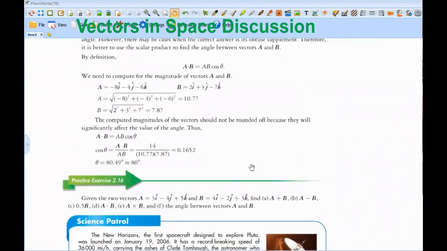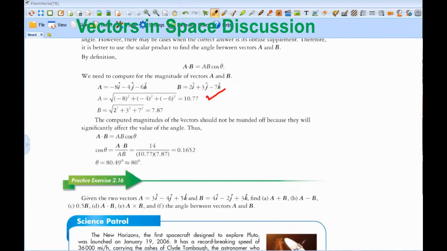All right. So A dot B is AB cosine theta, right? As simple as that. The givens are this. A is this, and B is this. So we took first how to get the magnitude, right? On the first discussion.